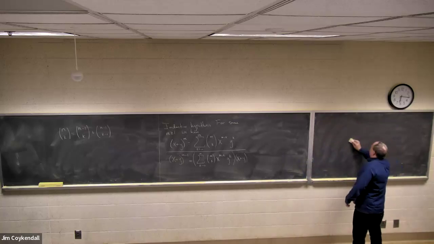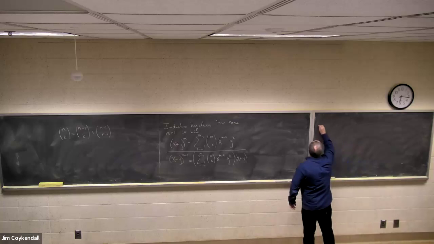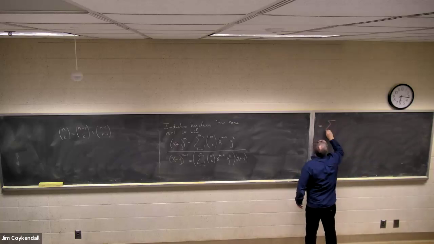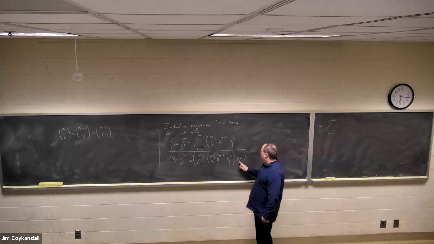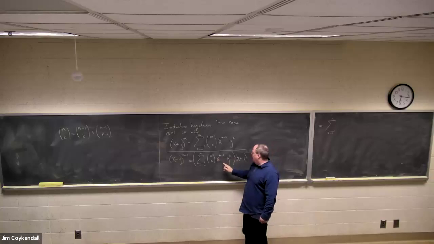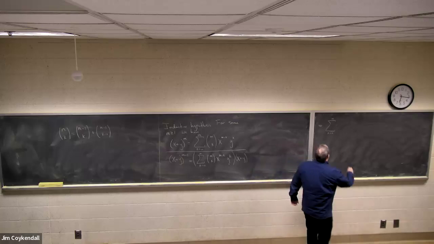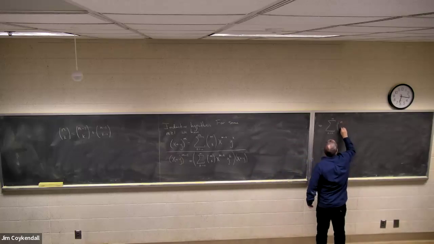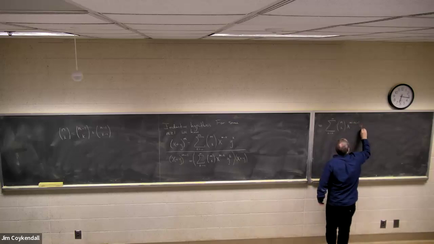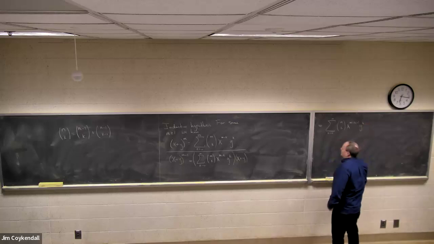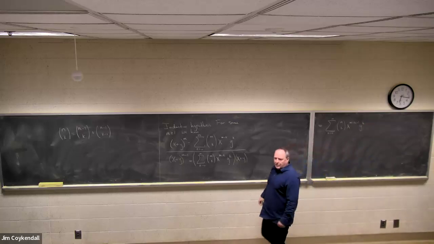So this will give me two separate sums. The first sum: when I multiply x through the sum, all it does is kick the x term up by one, right? So this is going to be the same business here. Everybody okay with it?